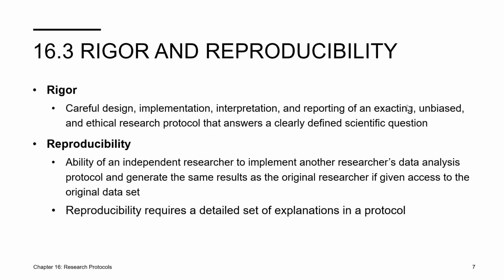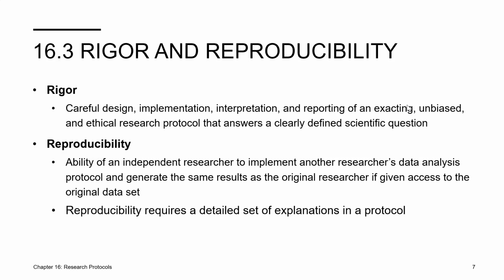Section 16.3 covers rigor and reproducibility. Here we have the definitions of both of these concepts. So the rigor for the research study really is the careful design, implementation, interpretation, and reporting of the actual results, and in alignment with ethical research protocols.